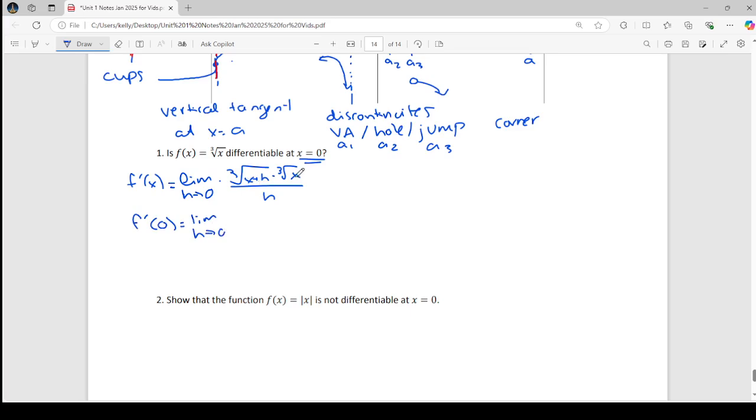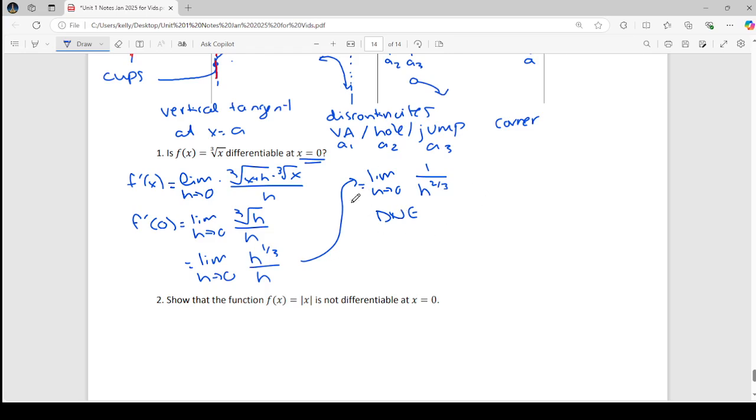Plugging in 0 for x just gives us the cube root of h divided by h. Now there are powers with the common base, so we can divide h to the power of a third by h, which would make 1 over h to the 2/3. Now this limit doesn't exist. It's in the simplest form possible, and if I put h towards 0, I am getting a 1 divided by 0 value, an undefined value.